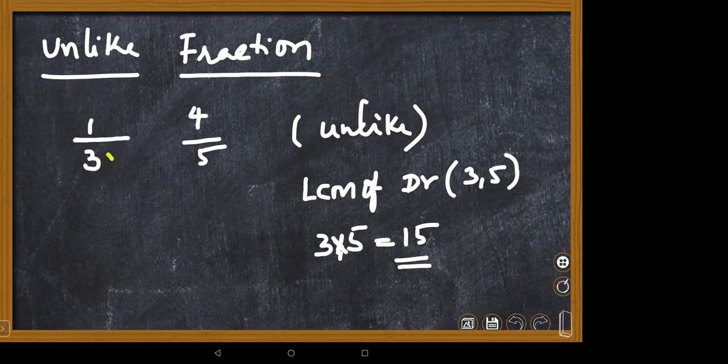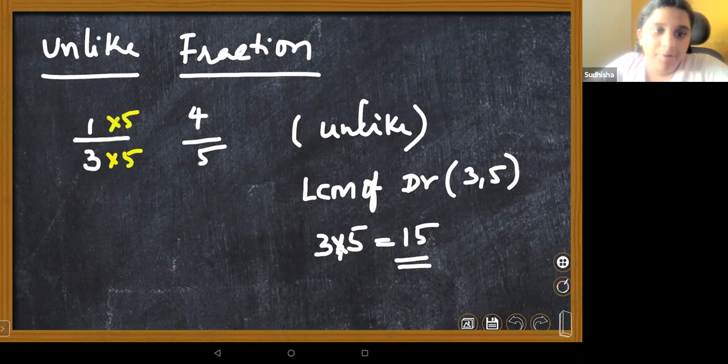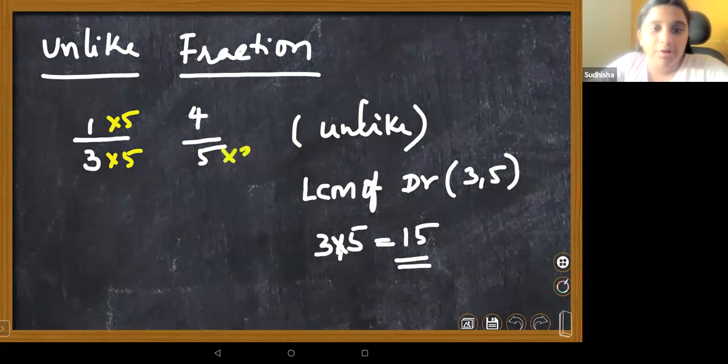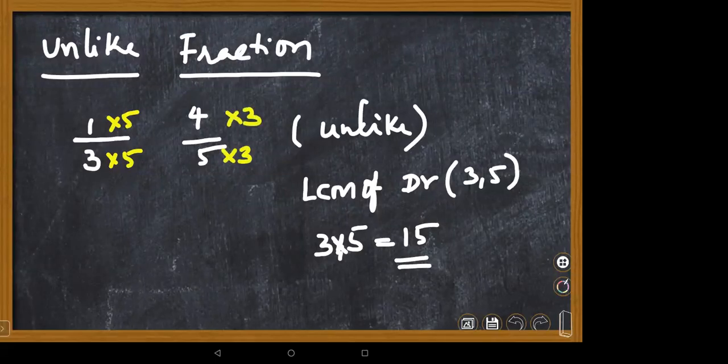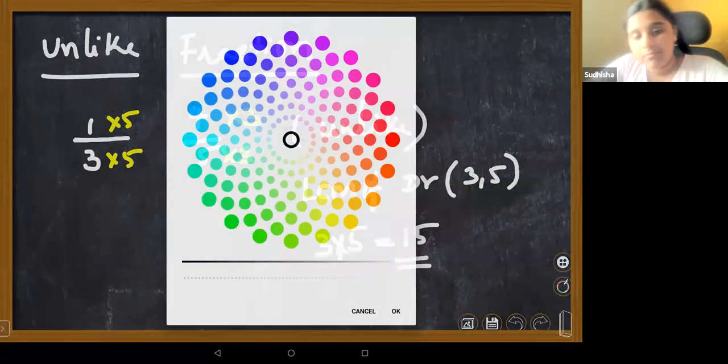Very good. The first fraction you're supposed to multiply with 5, 3 into 5. For the second, 5 into 3, so it becomes 4 into 3. Whatever number you multiply, the same number you multiply with both numerator and denominator. Now you are converting the fractions.